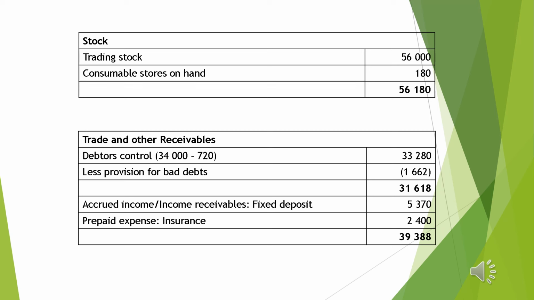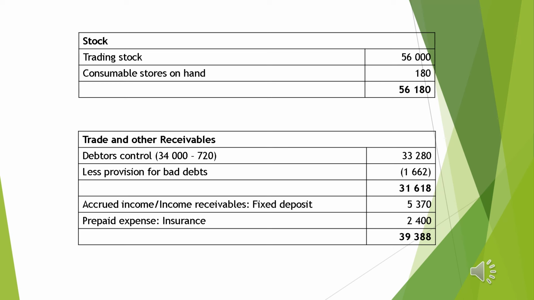So in the statement of comprehensive income, we had to add 5,370, where we said the initial investment must be multiplied by 12% as per the pre-adjustment trial balance. Then we got 5,370, which is our accrued income. Accrued income, or income receivables, of 5,370.